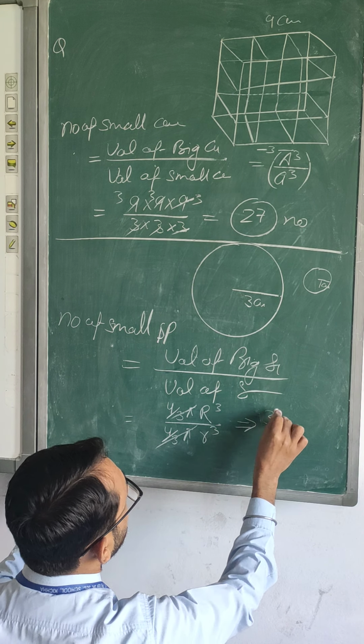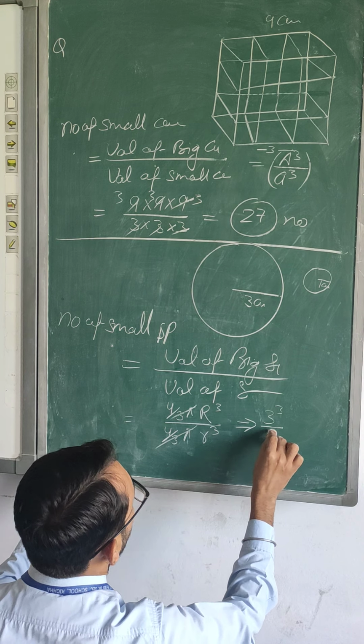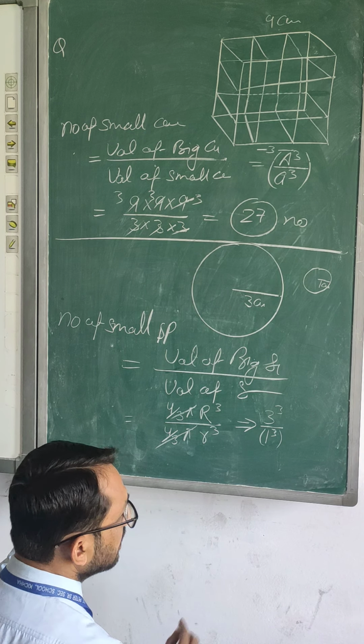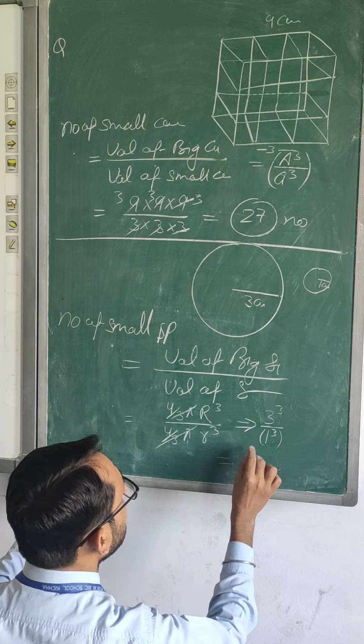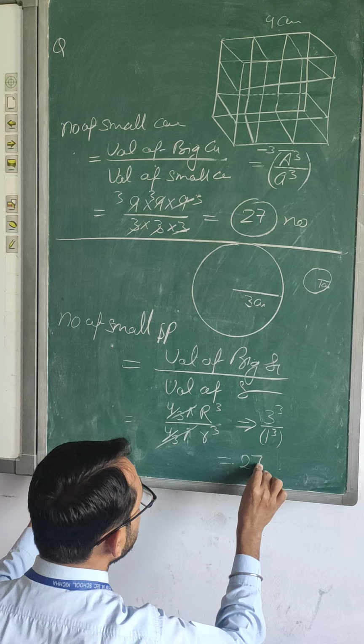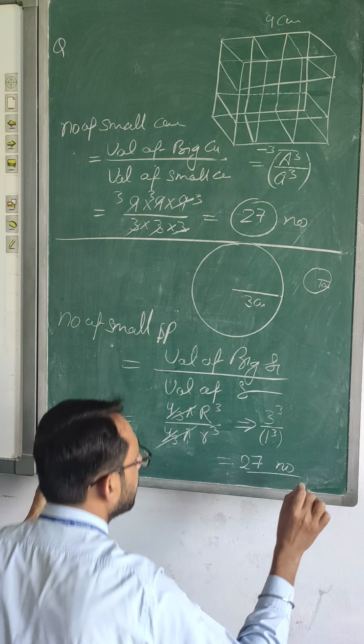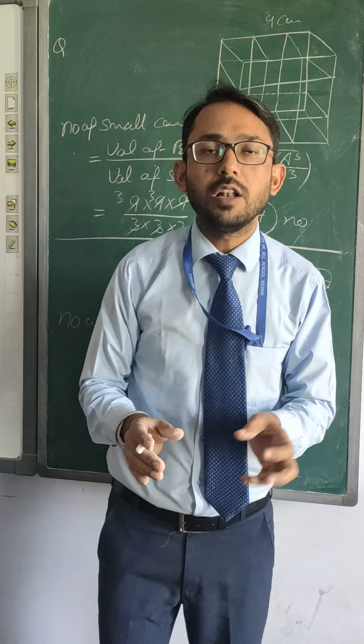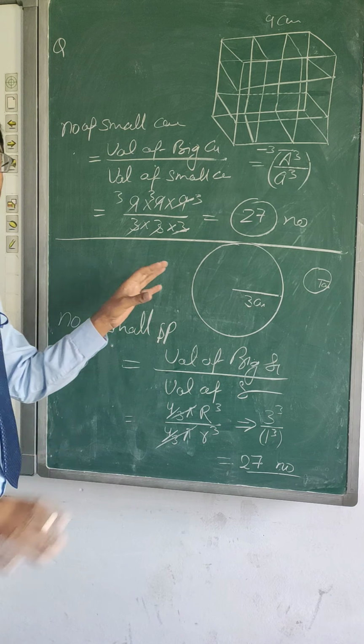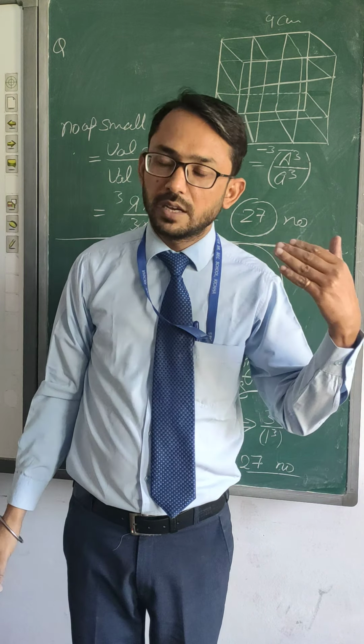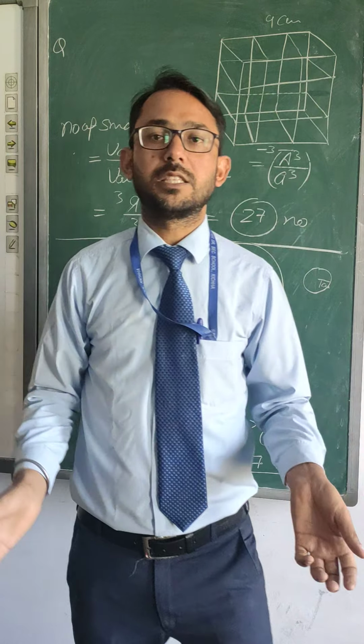The radius is 3 cube divided by 1 cube. The value of 1 cube is 1 itself. So it will be 3 cube, that is 27 in number, we will be getting the small spheres after melting and recasting the big sphere.